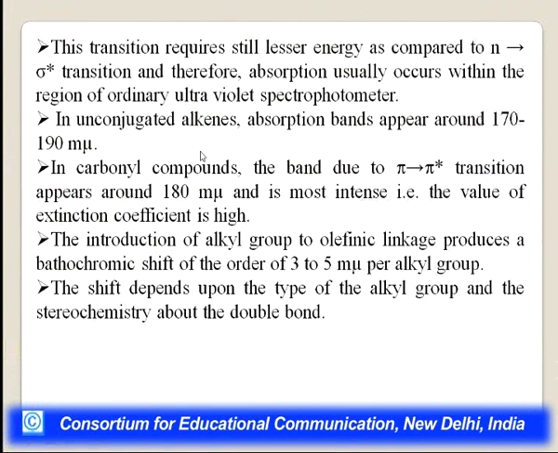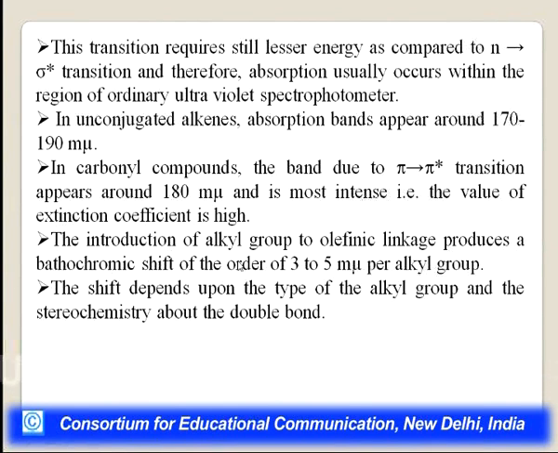In conjugated alkenes, absorption bands appear near 170 to 190 millimicron. In carbonyl compounds, the band due to pi to pi star transition appears around 180 millimicron and is most intense, that is, the value of extinction coefficient will be higher. The introduction of an alkyl group to an olefinic linkage produces a bathochromic shift.